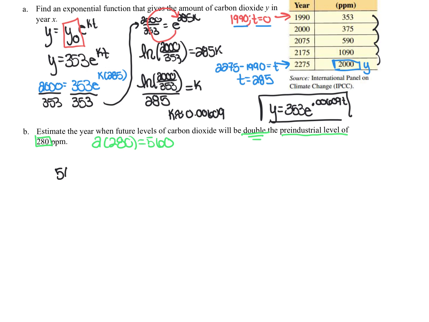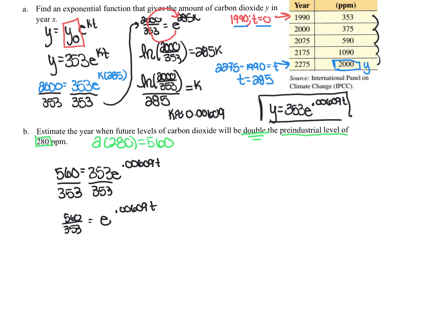So I'm going to have 560 equals 353 e to the 0.00609 t power, and I'm solving for t. So divide both sides by 353. You're going to have 560 over 353 equals e to the 0.00609 t power.